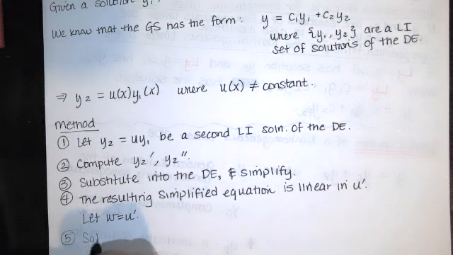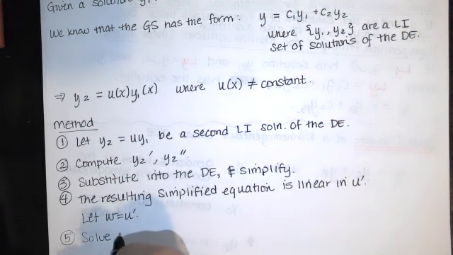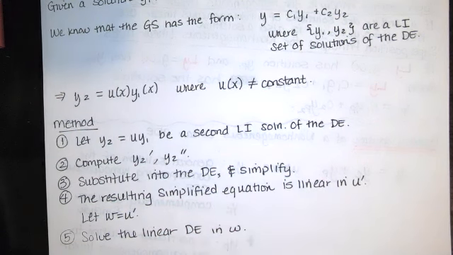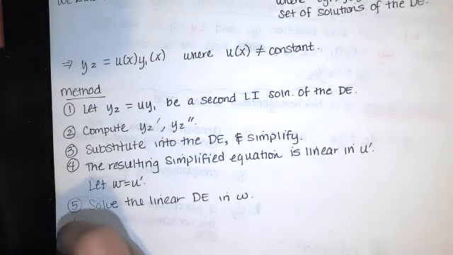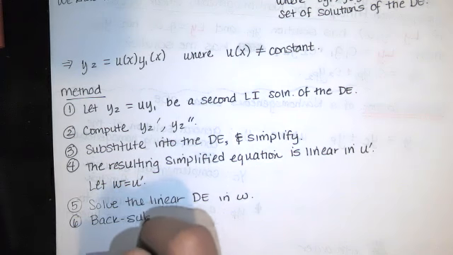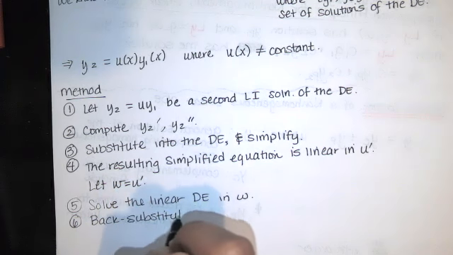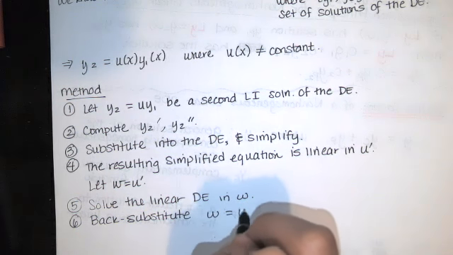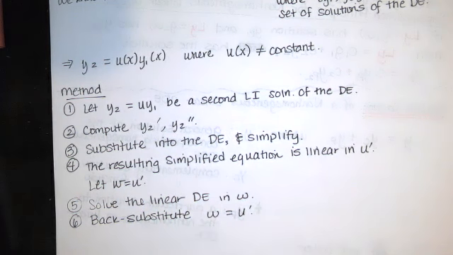Then you solve the linear differential equation in w. You're solving that for w. And then once you're done with that, you're going to back substitute, because w is just something that we made up so that we could solve the differential equation. w is actually equal to u prime from that initial assumption.